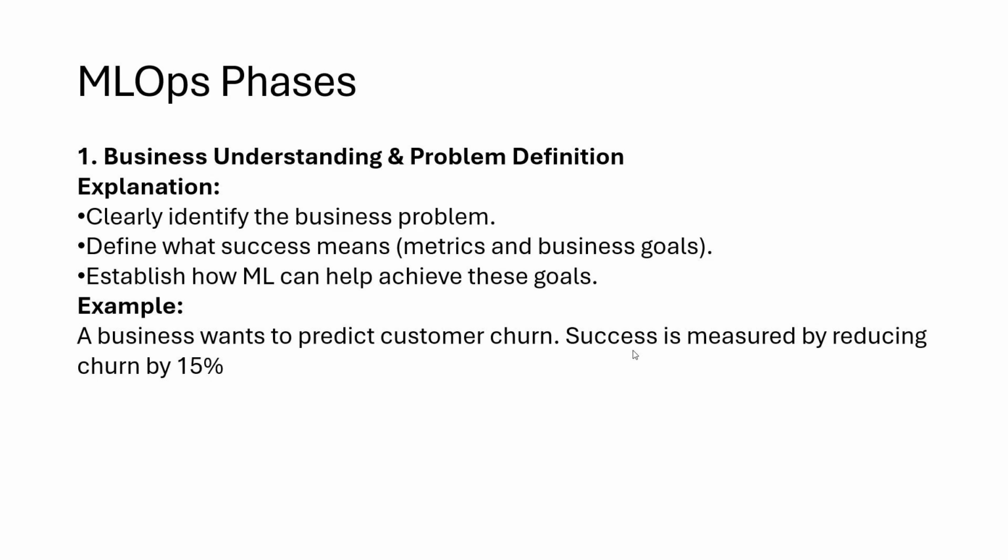Clearly identify the business problem, define what success means, including metrics and business goals, and establish how ML can help achieve these goals. One example: a business wants to predict customer churn, and success is measured by reducing churn by 15%.